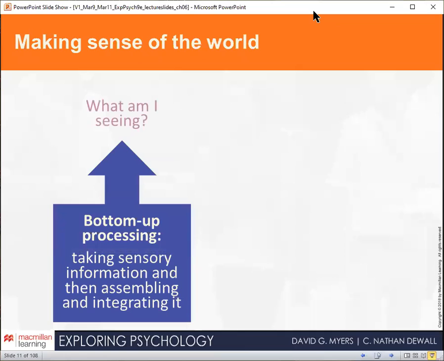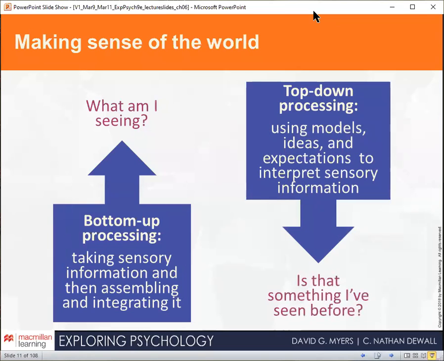So we start off by doing this. There's bottom-up processing. Now, bottom-up processing is taking sensory information and then assembling and integrating it. So what am I seeing? You're looking at something, you ask yourself, what am I seeing? You take in the sensory information and then assemble it and integrate it until you determine what you are seeing.